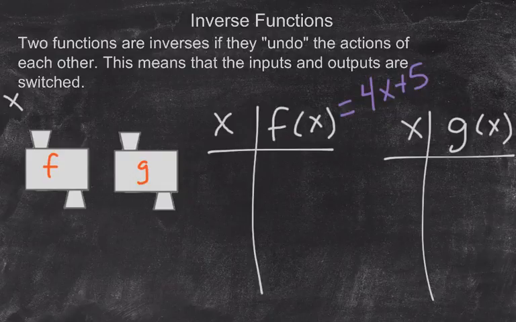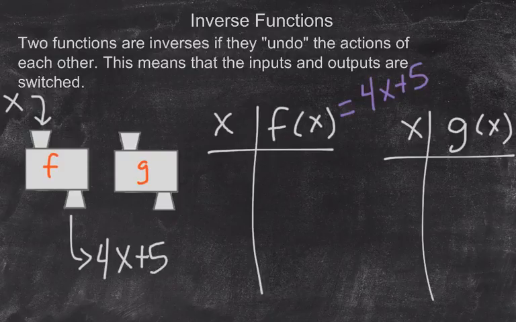So when I input x to the f function, I get out 4x plus 5 because my function is first multiplying by 4 and then adding 5. So that's what f is doing to x.